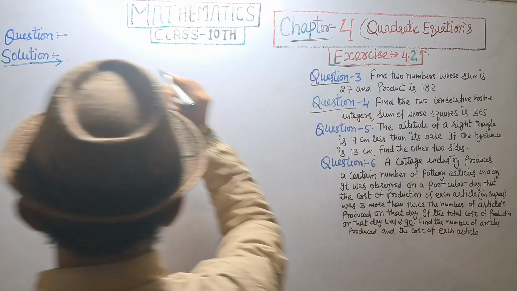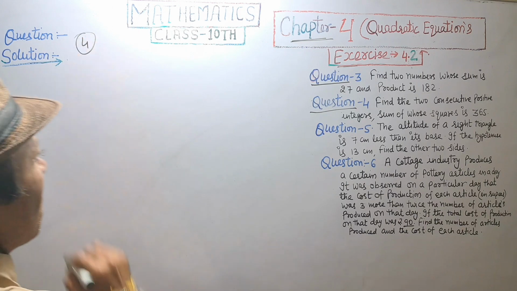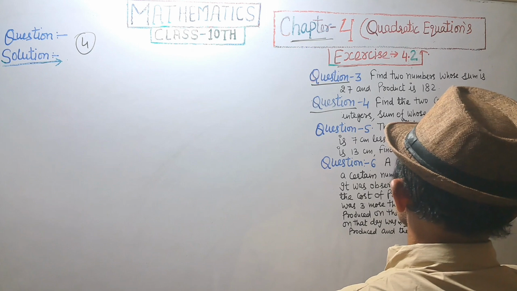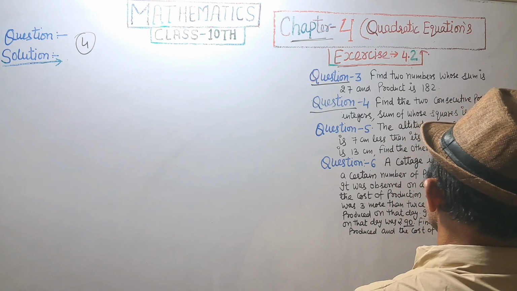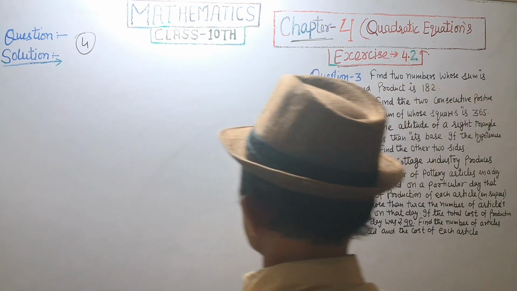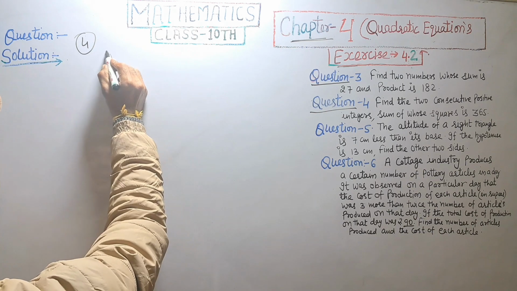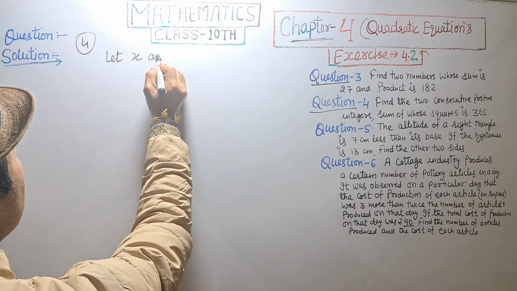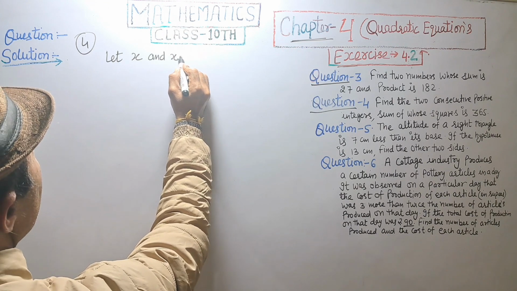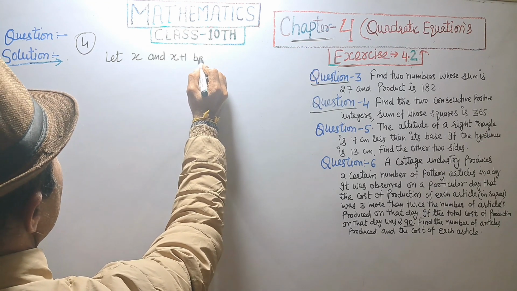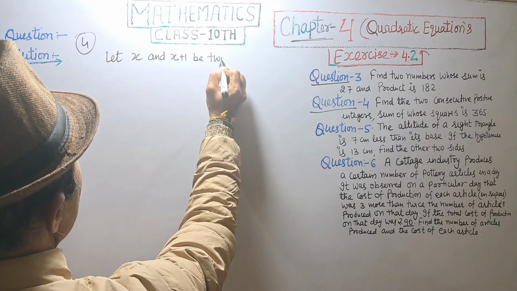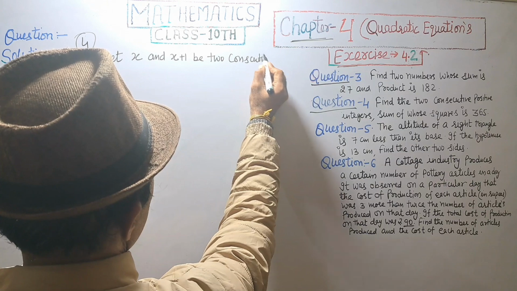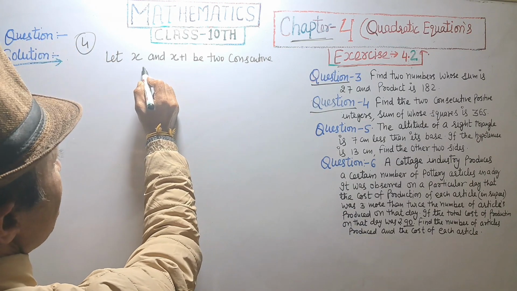Question number 4. Find the two consecutive positive integers, the sum of whose squares is 365. Let x and x plus 1 be two consecutive positive integers.